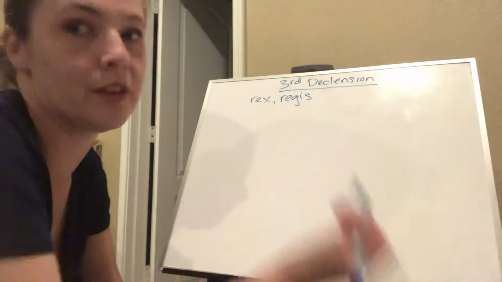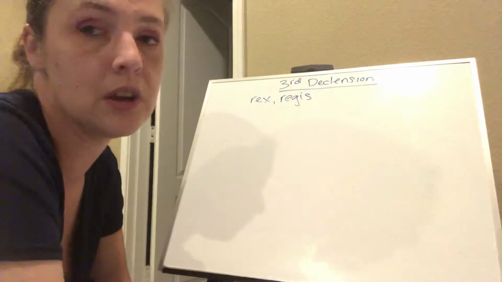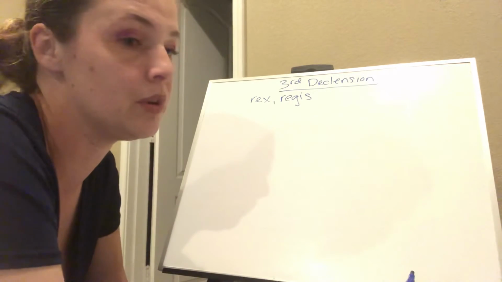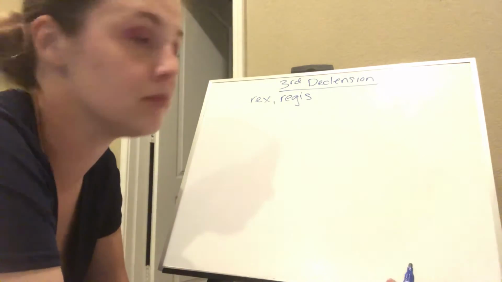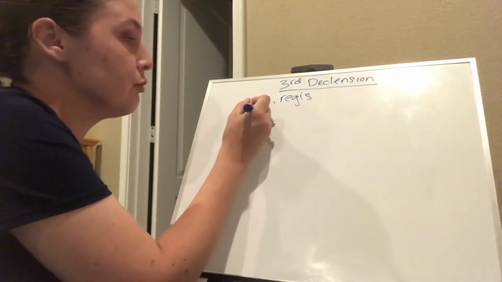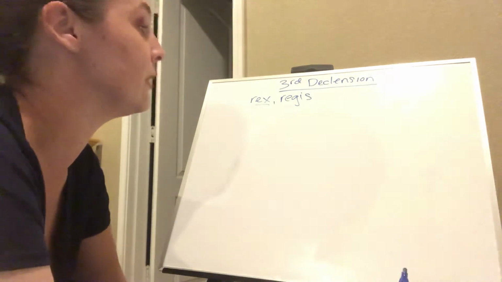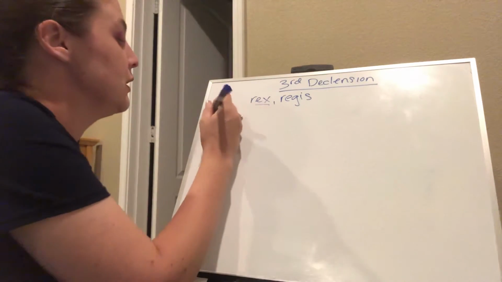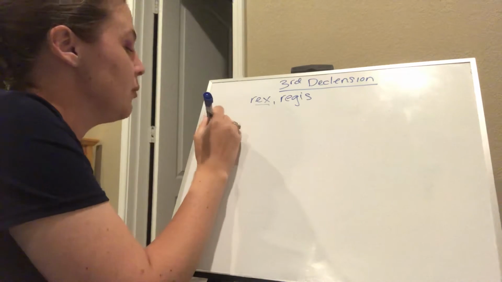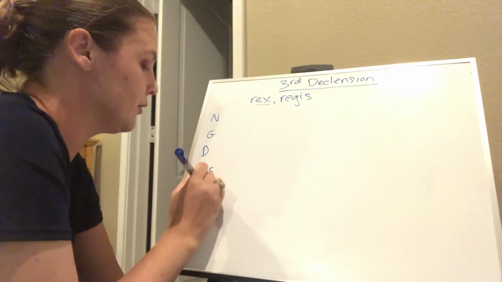So anyway, we get words like regal. Okay, regal comes from this. We get words like regent, things like that. Okay. Tyrannosaurus rex, the king of the dinosaurs. Okay. That's where we're going with this. So here we go. We need our nominative, genitive, dative, accusative, ablative.